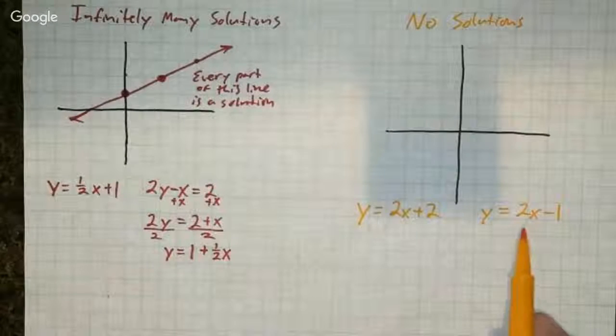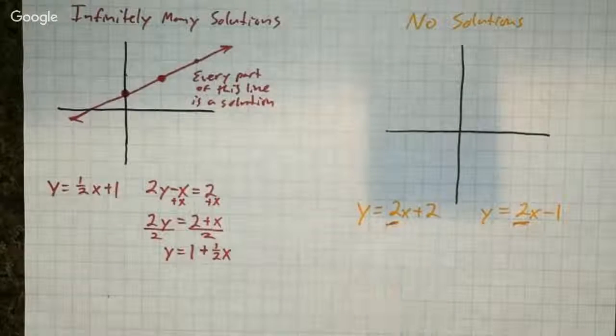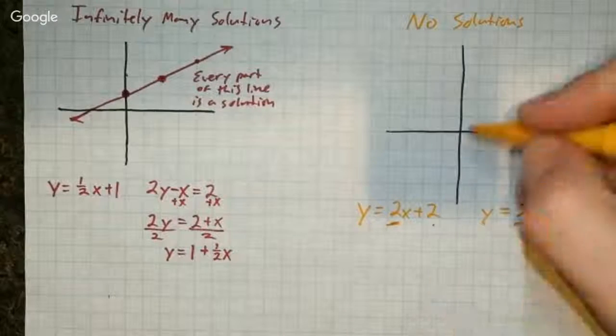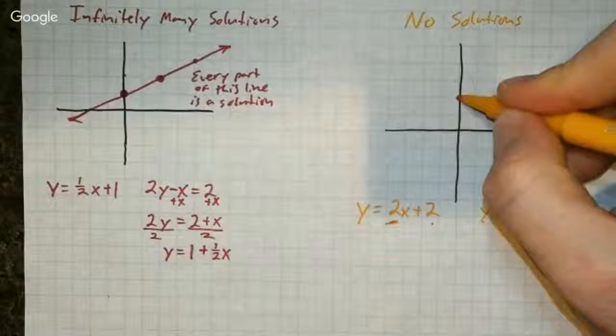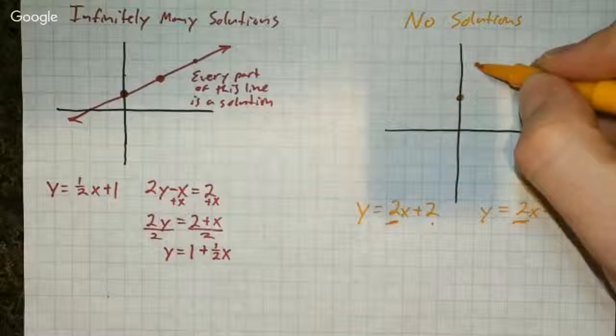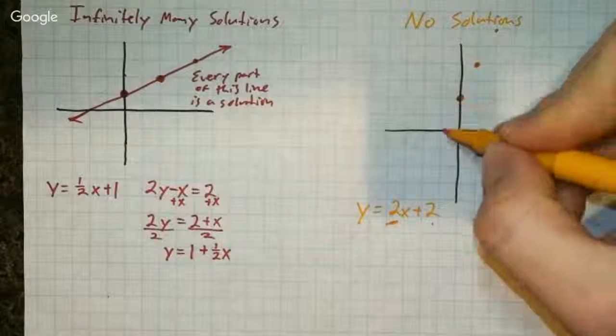As you can see, the slope is going to be the same on both, but the y-intercept is different. So let's see if that makes a difference. This one, our y-intercept is 2, and our slope is up 2 over 1. Up 2 over 1.